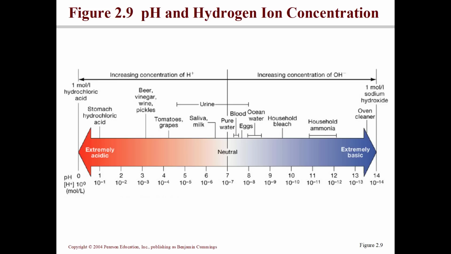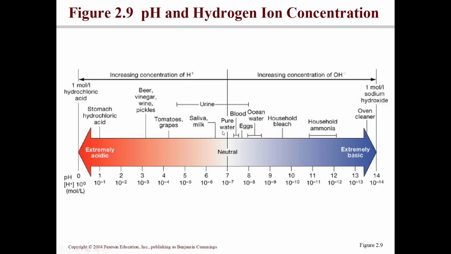So here's the pH scale, and you can see from the left leading up to neutral, these are the acids. And some examples of acid would be hydrochloric acid, that's way down there. Beer, vinegar, wine, pickles, grapes, tomatoes, things that are a little tart or a little sour are typically going to be found on the acidic side.